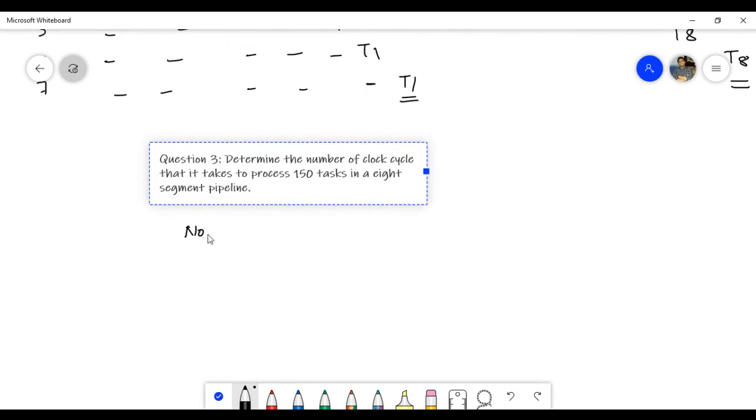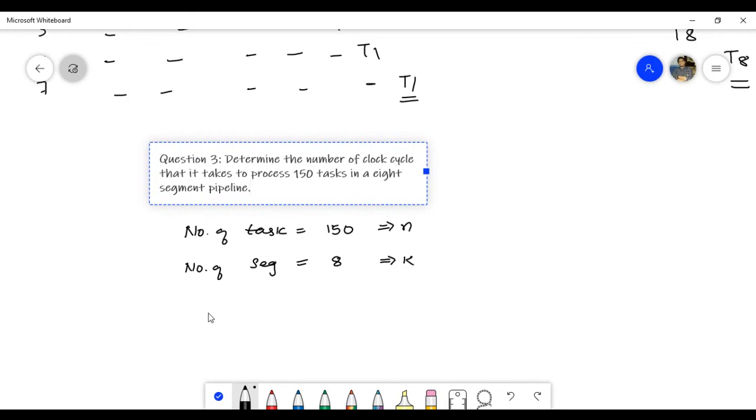So we have a simple formula. The number of tasks is 150 and the number of segments is 8. The number of tasks is given as n and the number of segments as k.